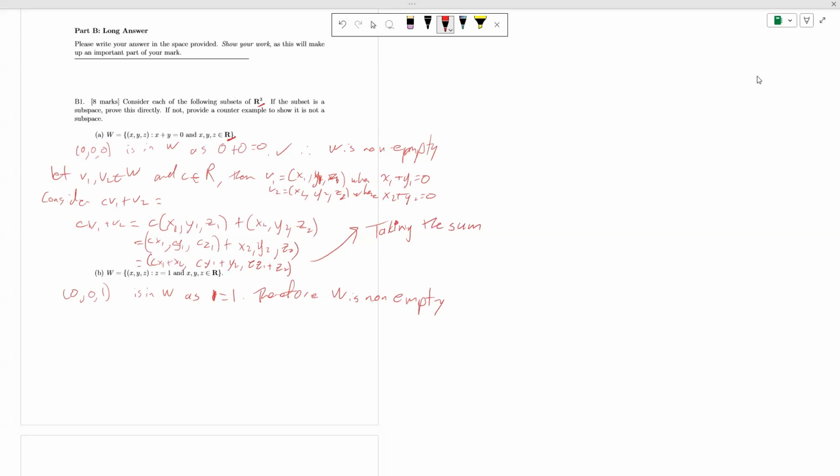CX1 plus X2 plus CY1 plus Y2 is equal to CX1 plus Y1 plus X2 plus Y2 by commutativity of standard addition, which equals C times X1 plus Y1, plus X2 plus Y2, which equals C times 0 plus 0, which equals 0.